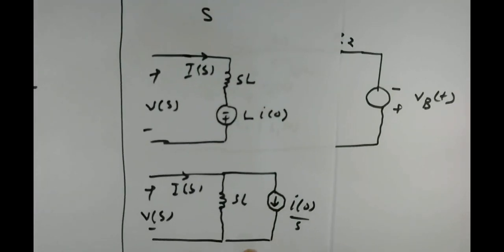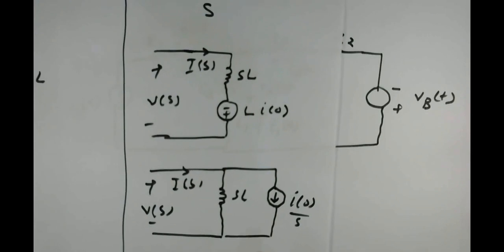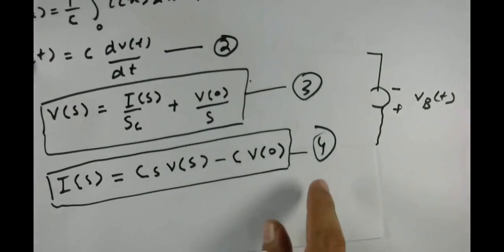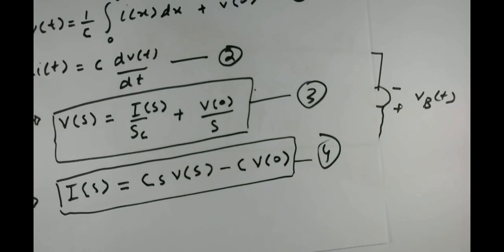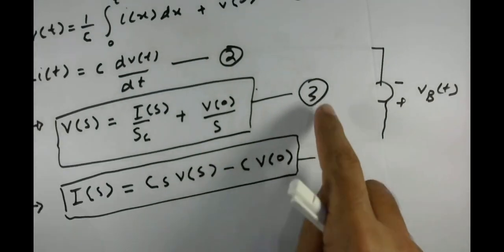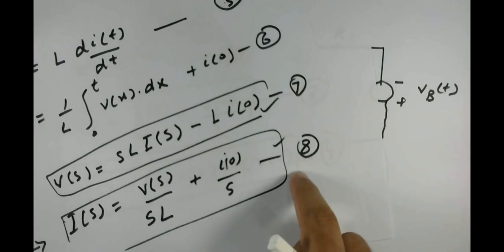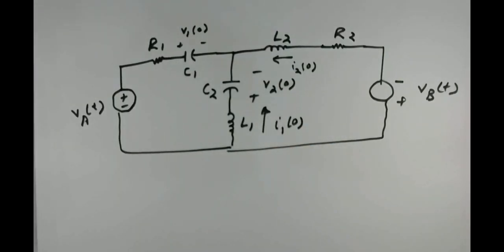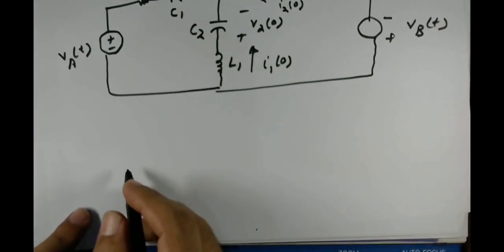I told you before that you need to remember equation 3, equation 4, equation 7, and equation 8. You're going to need these to find the Laplace equivalent of this circuit. So let's try and find the Laplace equivalent of this circuit.